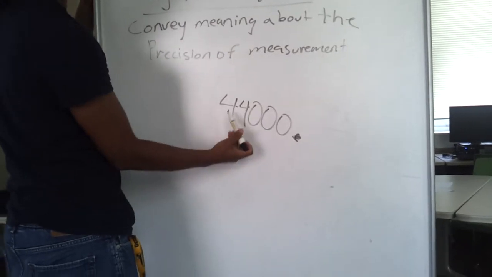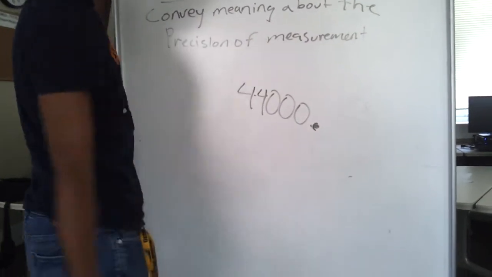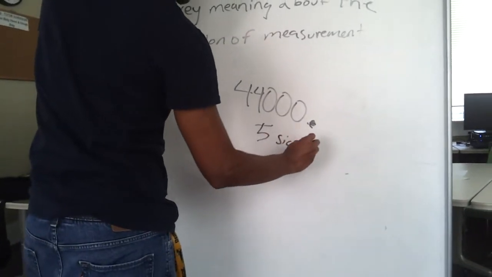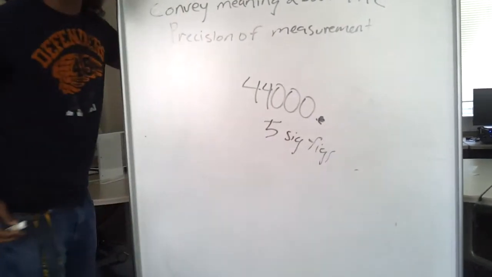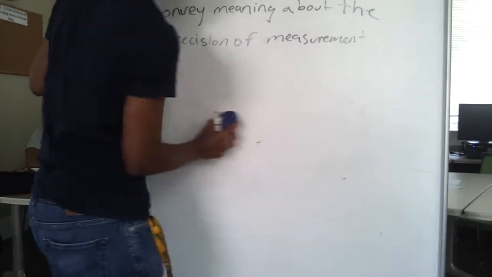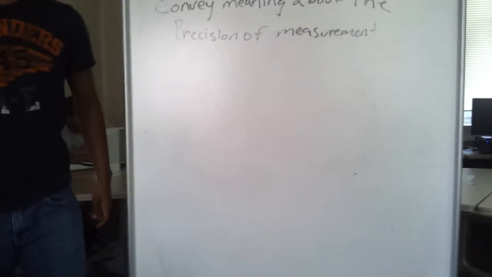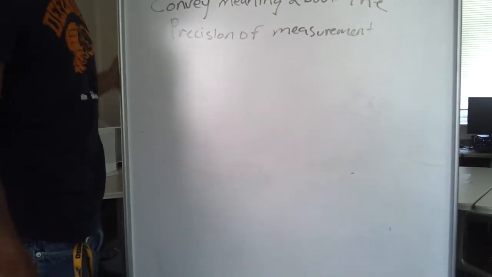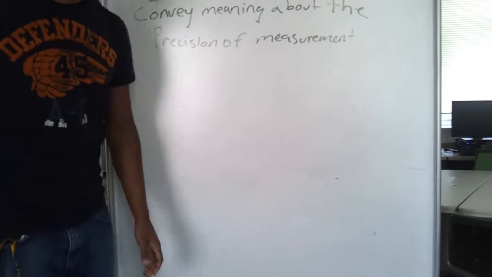So here you have 1, 2, 3, 4, 5 significant figures. Now a reminder, within the video, significant figures convey the meaning about the precision of a measurement. A quick review.